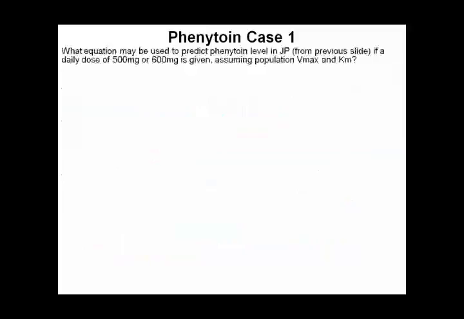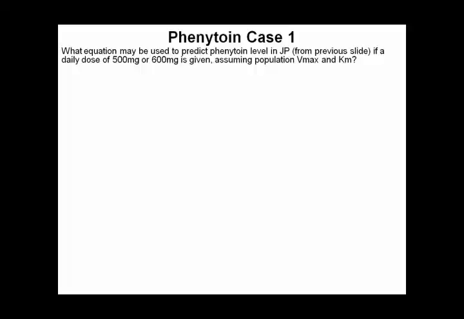Now, if this patient receives 500 or 600, you can predict what would be the level according to the population Vmax and Km. And the reason I have this here is because you will probably wonder, can I round the 530 milligrams that we estimated before in the slides before that? Can we round this to 500 or to 600?